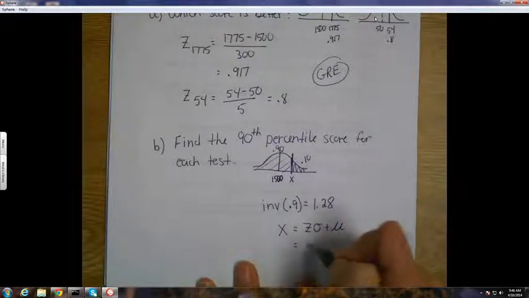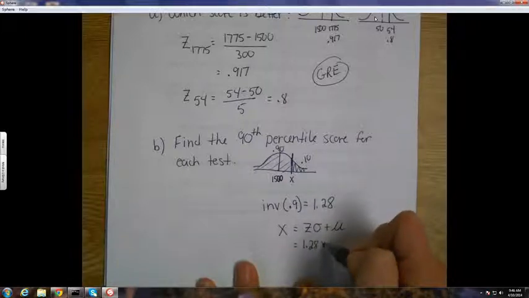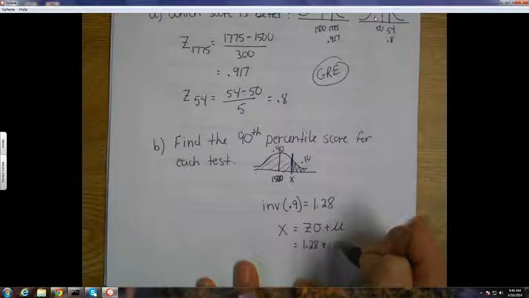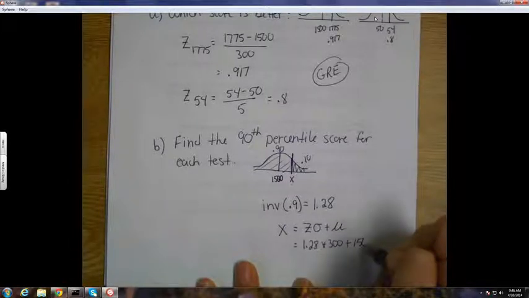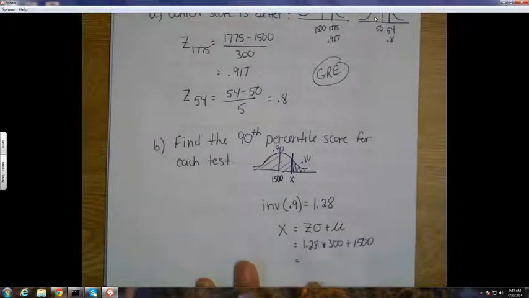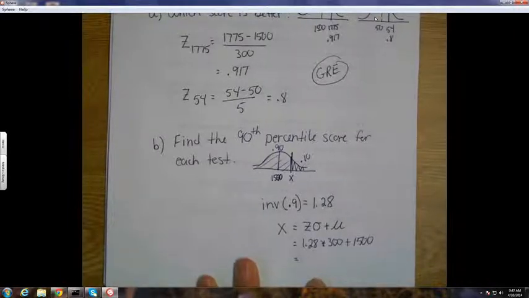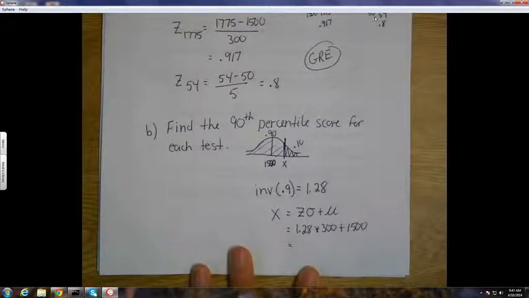So Z score is 1.28. Standard deviation for the GRE is 300, plus the 1500. So if you know areas, you're using invNorm. If you know Z scores and looking for areas, use your normalcdf. Okay, that's all I got.